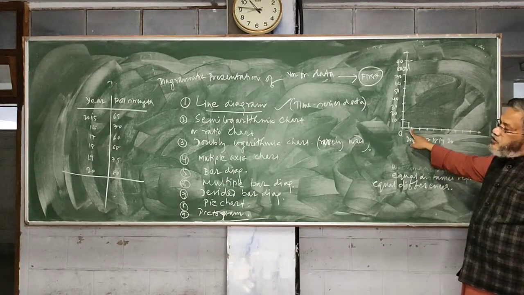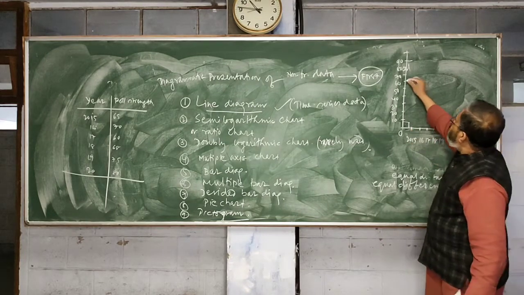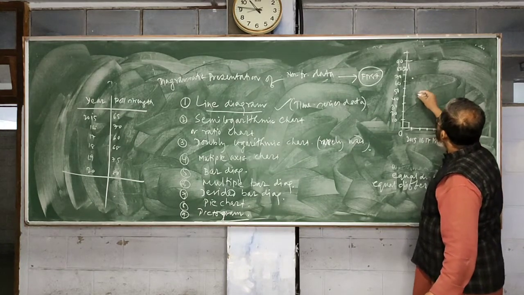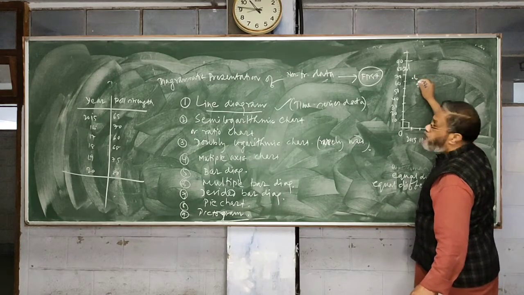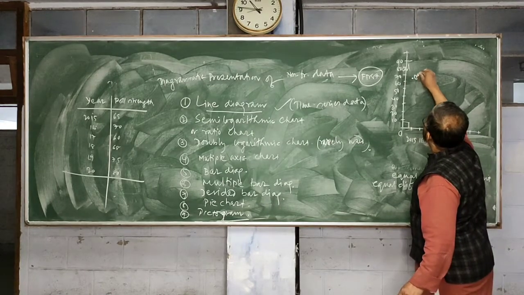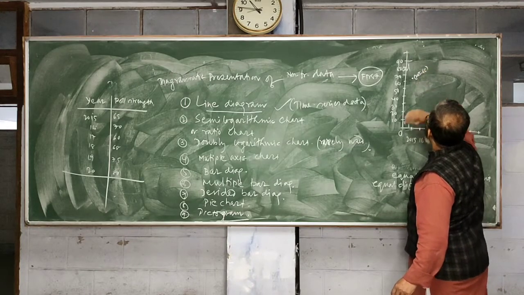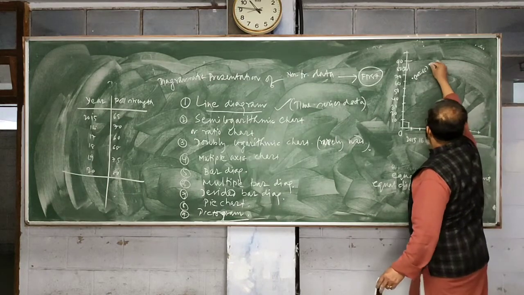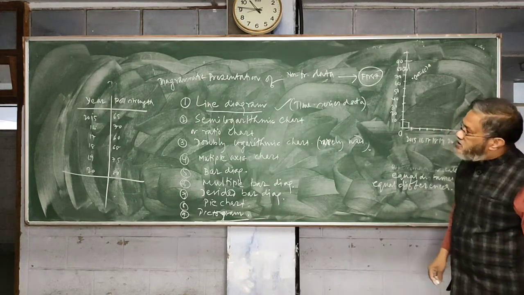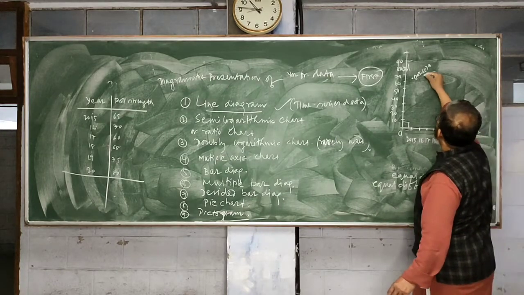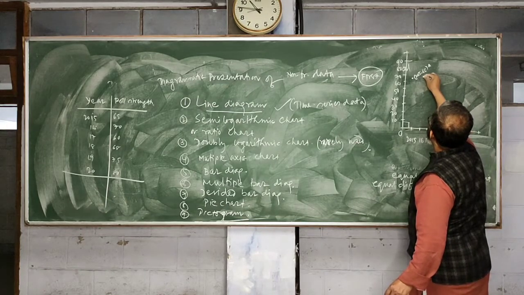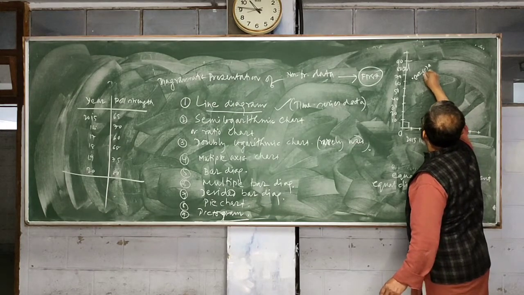For 2015, the roll strength is 65. This is 60, and in between somewhere here is a point representing coordinates 15, 65. Maybe point A. For 16, data is 70, exactly here.